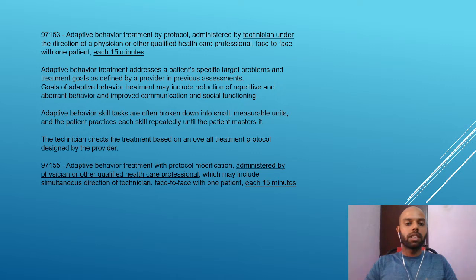Adaptive behavior skill tasks are often broken down into small measurable units, and the patient practices each skill separately until the patient masters it. The technician directs the treatment based on the overall treatment protocol designed by a provider. That means the RBT directs the treatment based on the overall treatment protocol designed by a BCBA.